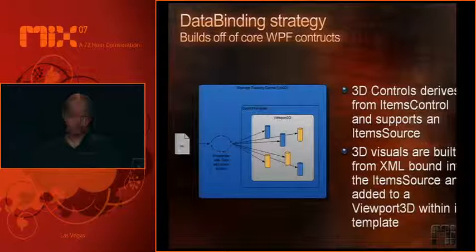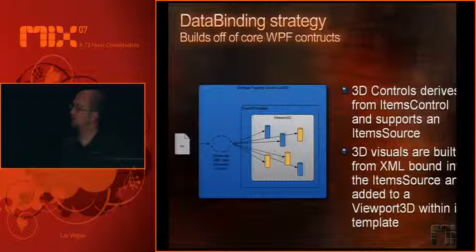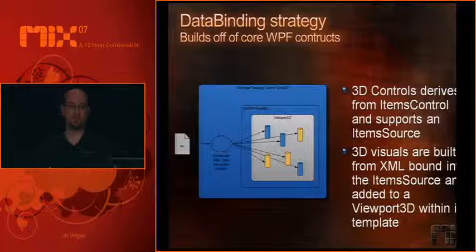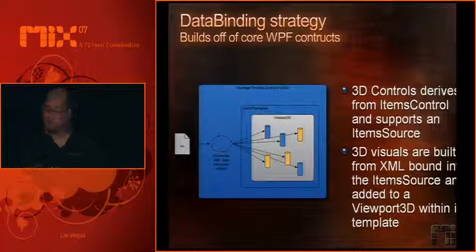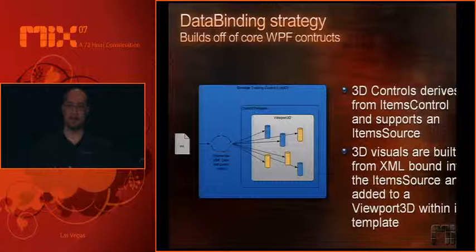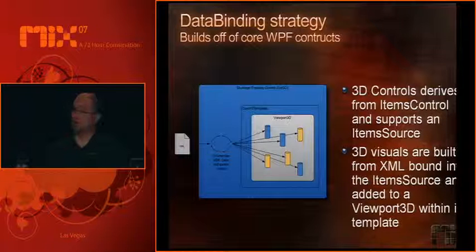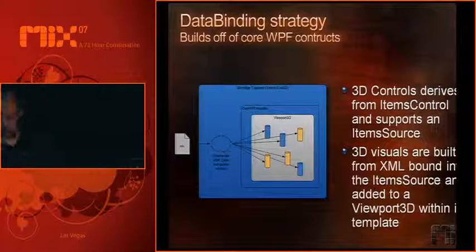We derived from that, created a template that I'll show you in just a little bit that contained the viewport 3D, bound in the XML that actually describes the materials data, enumerated that XML, and generated 3D models from that data. So for each item in the XML, we generate a 3D model and insert that into the viewport. Let me show you.